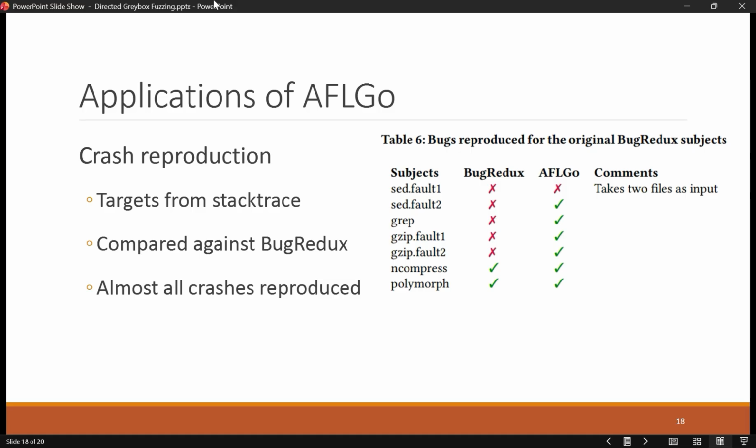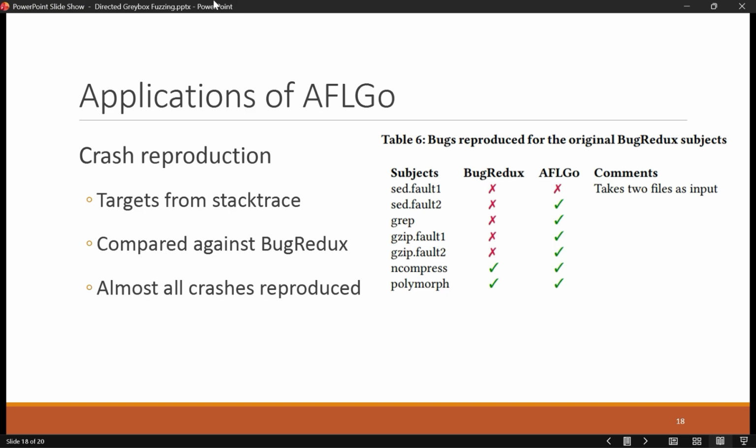Instead, you want to send the stack trace of the program, which is what it dumps when it fails, and that's why you should click those report this crash buttons when they pop up. But what they do is they take that error within the stack trace and set it as a target to pass on to the fuzzer, and then see if the fuzzer is able to recreate that crash.